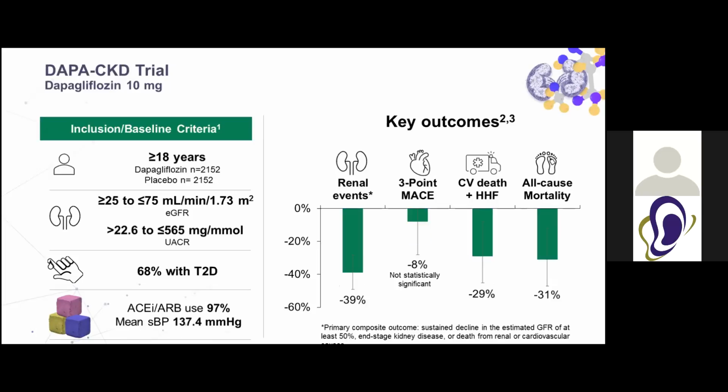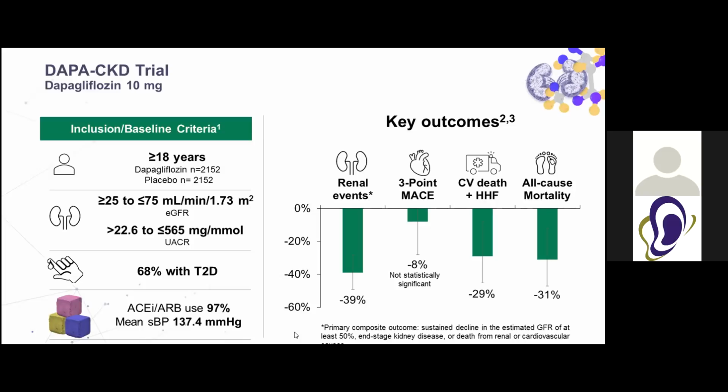Similarly, in DAPA-CKD, you now have a younger cohort, including those over 18, a lower GFR, a slightly lower entry-level urine ACR. Not everybody had diabetes, and ACE or ARB use was also very high with really good blood pressure control.